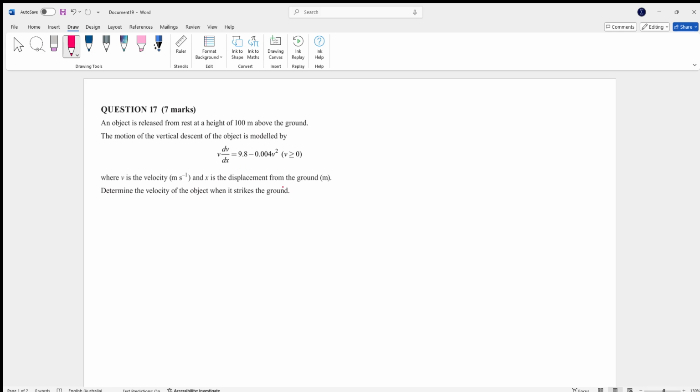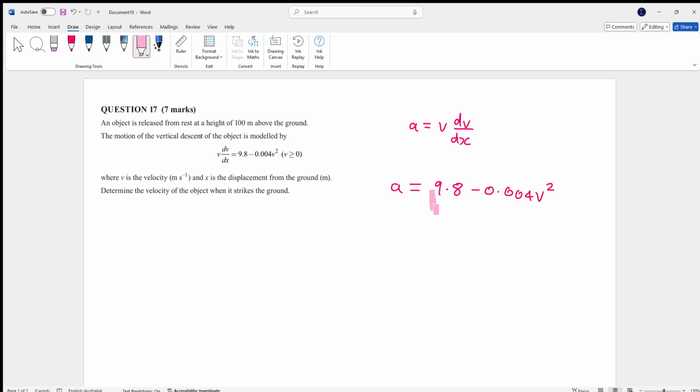Okay, so first of all, we've got to understand what we're actually looking at here. This is our equation for acceleration. So acceleration is velocity times the rate of change of velocity with respect to position. So this is just an acceleration equation. Acceleration is 9.8 minus 0.004 v squared.